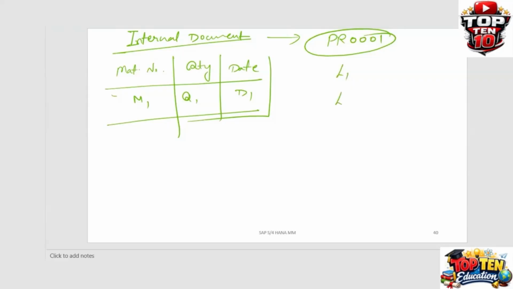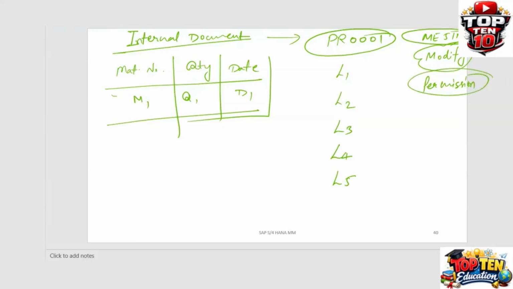So play the game. What do we play? ME51N, creation part done. Any modification? Do that. Then take permission from anyone if you would like to. Further, any other modification? Do that.